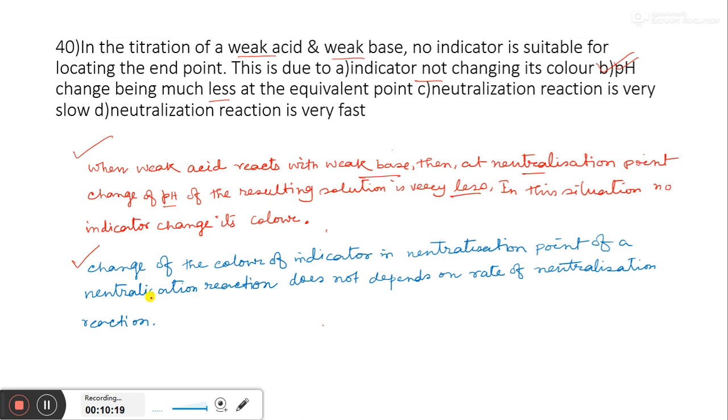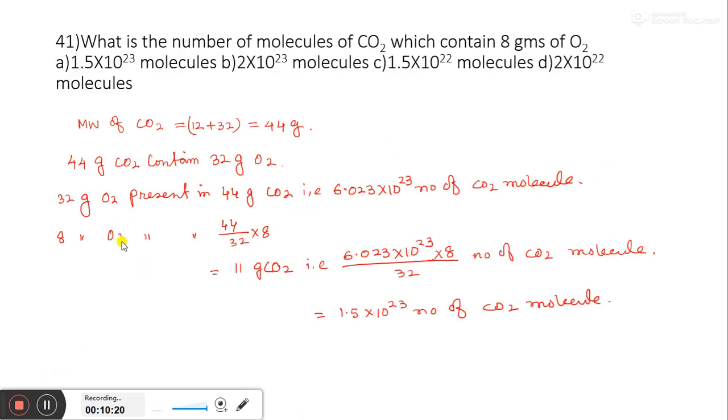The next question of the chemistry question paper is: what is the number of molecules of CO2 which contain 8 grams of O2? There are four options: 1.5 into 10 to the 23, 2 into 10 to the 23, 1.5 into 10 to the 22, and 2 into 10 to the 22. We know the molecular weight of carbon dioxide is 44. Now 44 grams of CO2 contain 32 grams of O2.